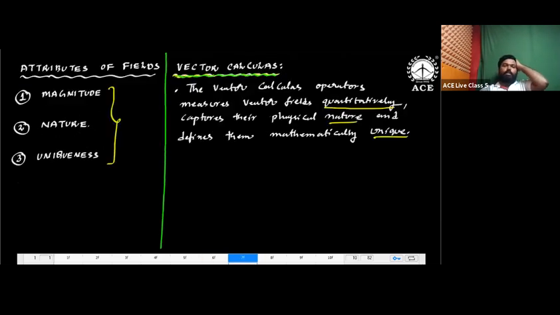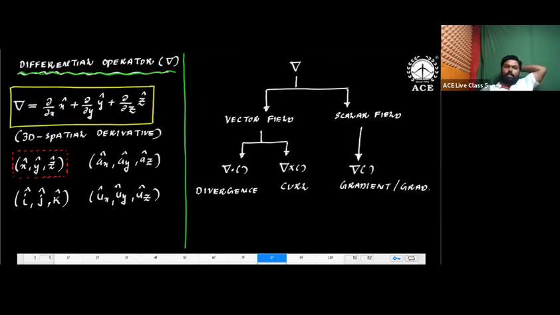So the magnitude, nature, and uniqueness are the attributes of the fields, which can be obtained by the differential operator, which can be operated on the vector field as well as the scalar field.